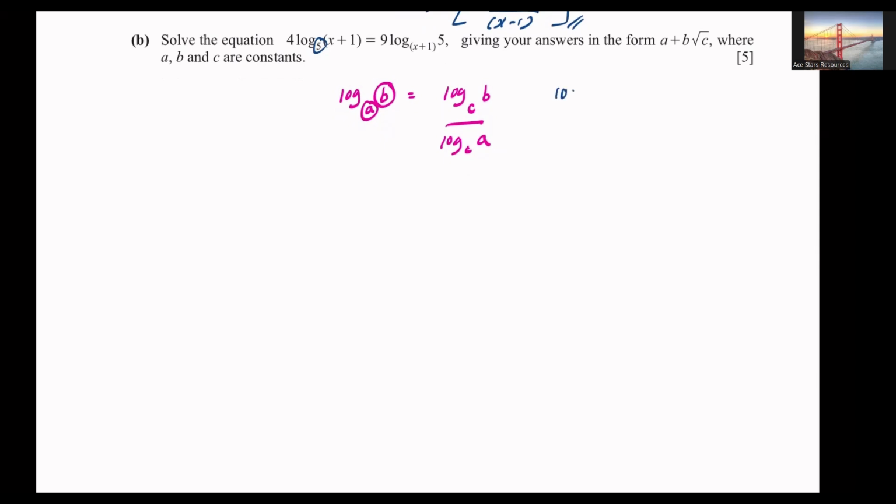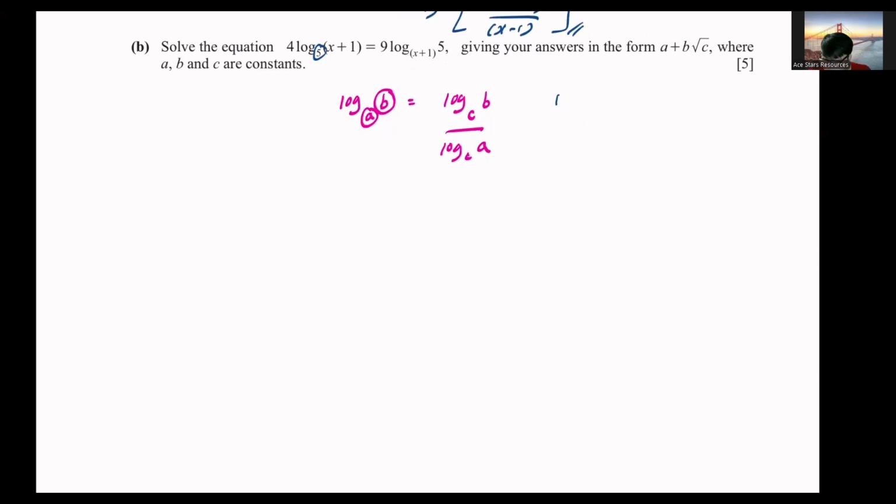So log base (x plus 1) of 5, I'm going to change this into base 5. I have to rewrite it here so you can see. I'm converting this entire thing into base 5. So log base (x plus 1) of 5 becomes log base 5 of 5 over log base 5 of (x plus 1).